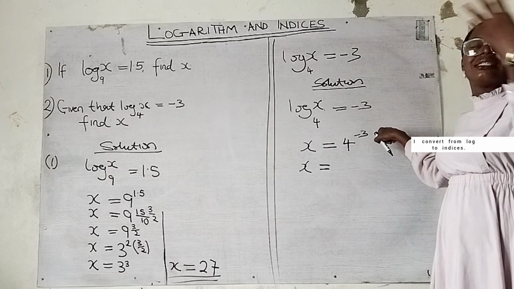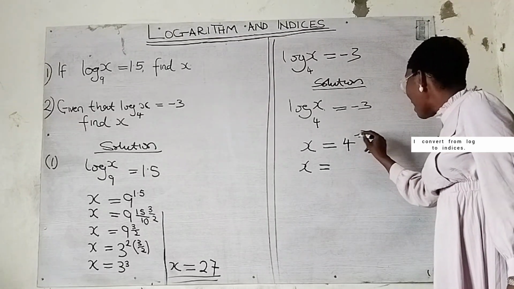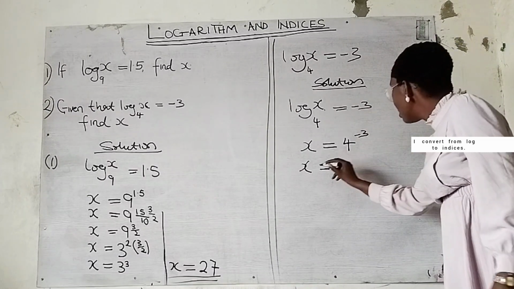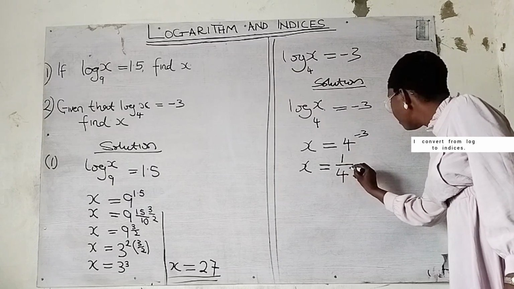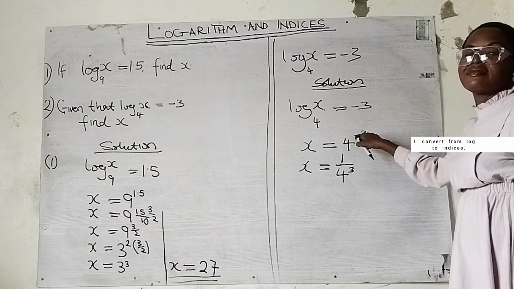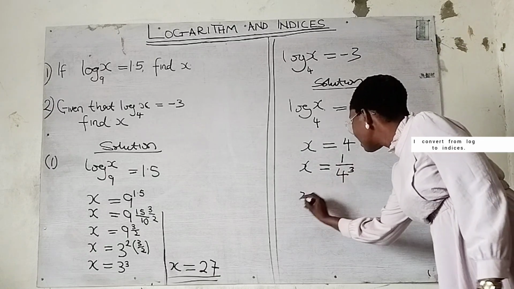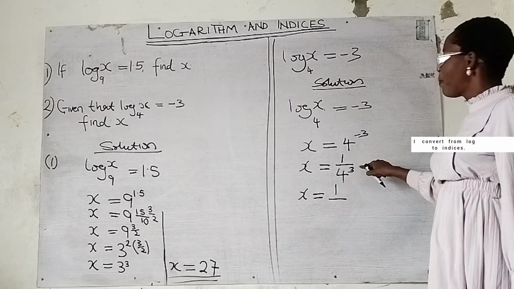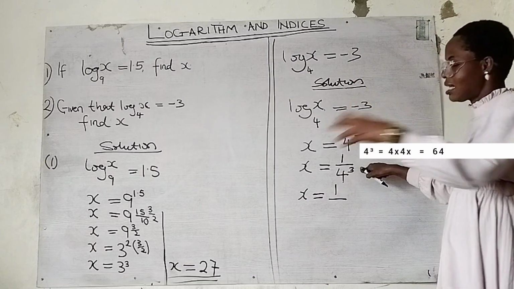I can rewrite it in another way, and because of this minus sign in mathematics, it becomes over. It means over. So it will be x is equals to 1 over 4 raised to power 3. This 1 over is because of this minus sign here. And having come so far, I'll simply write x is equals to 1 over 4 raised to power 3, which simply means 4 times 4 times 4, 3 times, just like you get here.